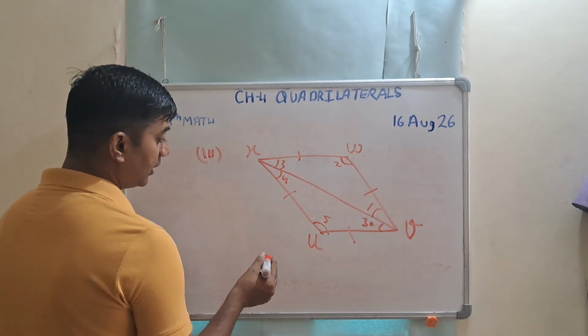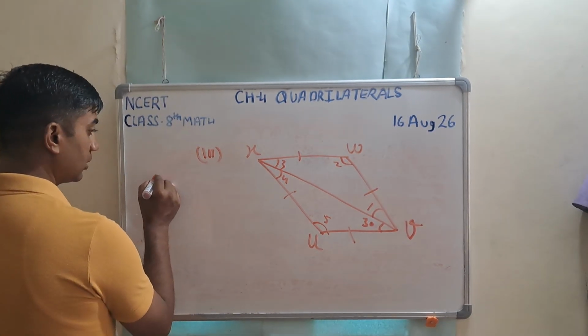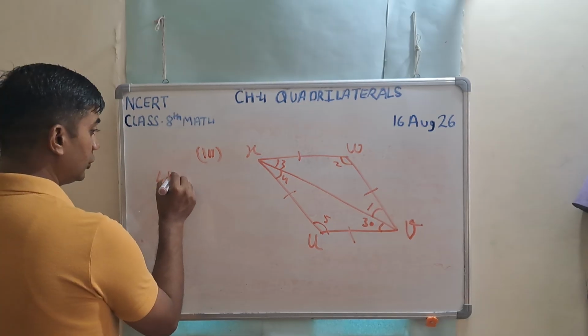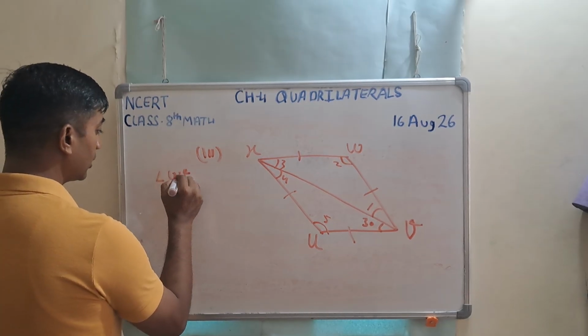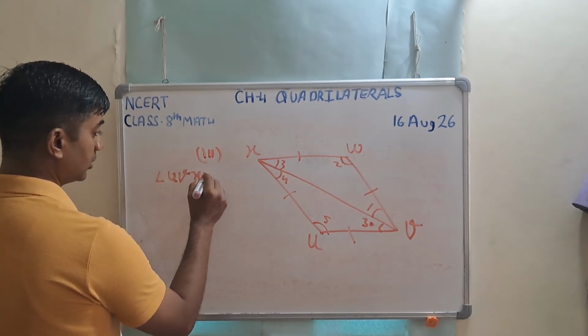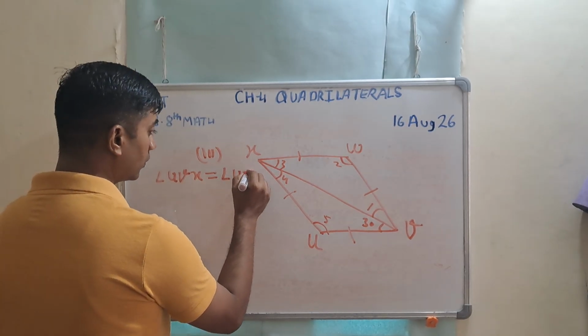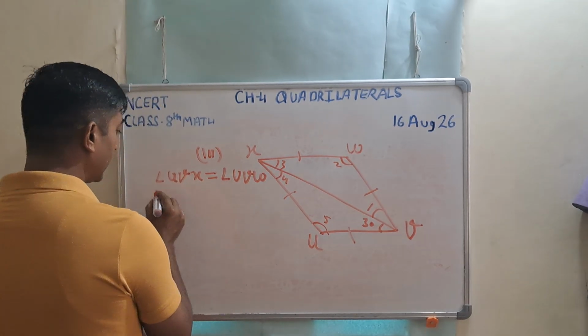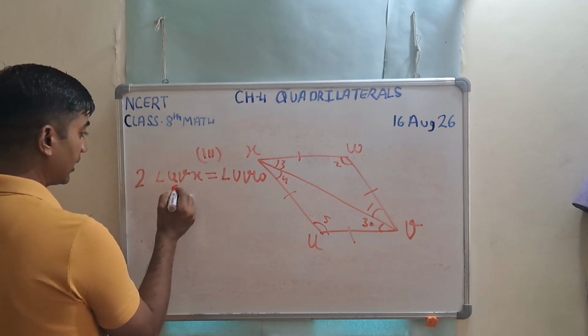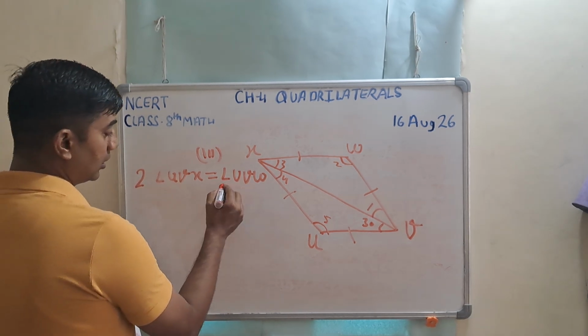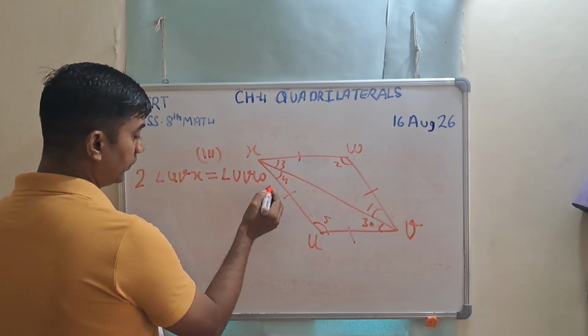Understood? If we say that angle UVX is equal to half of angle UVW, means twice of angle UVX is equal to angle UVW.